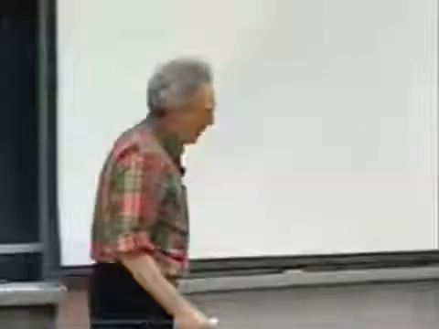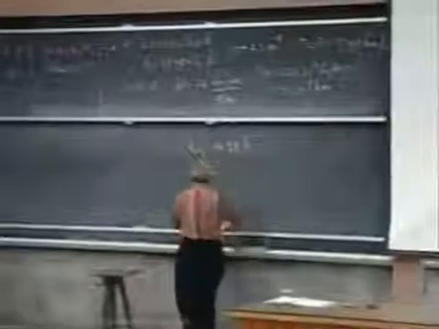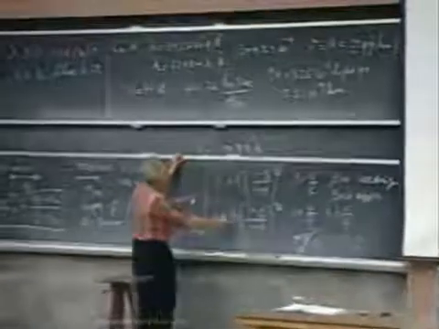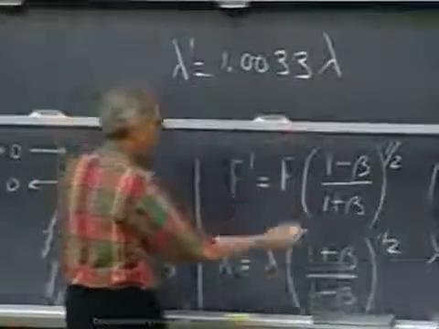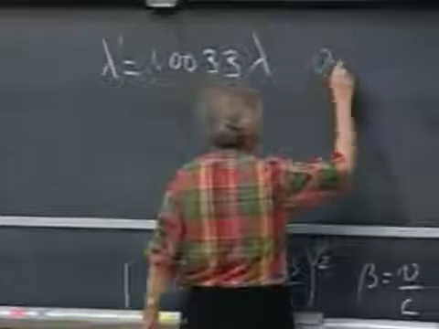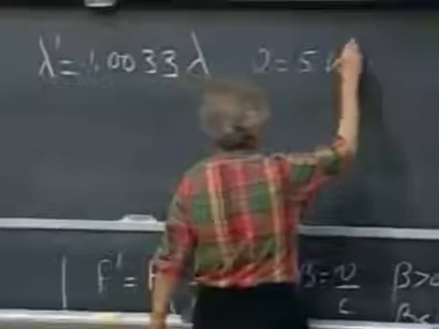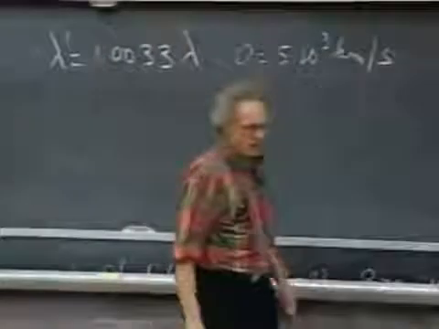So notice again that the wavelength that I receive is indeed longer than lambda, so there is a redshift. I go to my Doppler shift equation, which is this one. I calculate beta, one equation with one unknown, can solve for beta, and I find now that v is 5,000 kilometers per second. Very straightforward, nothing special.